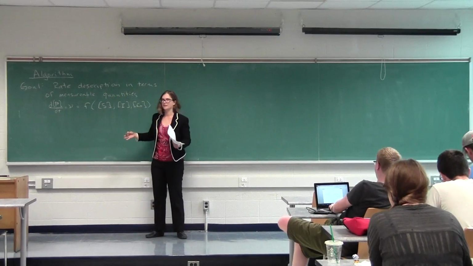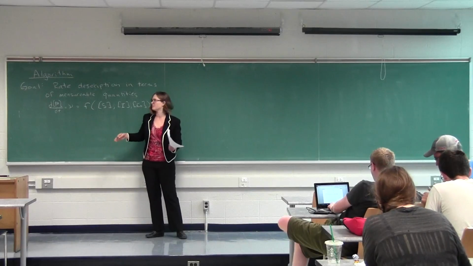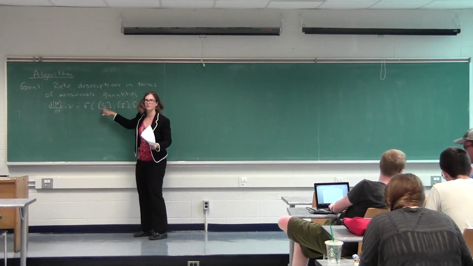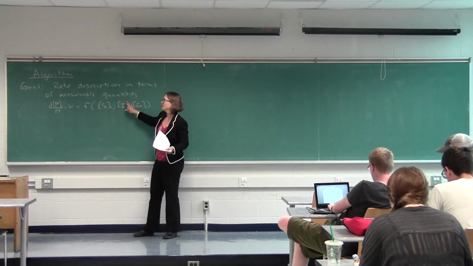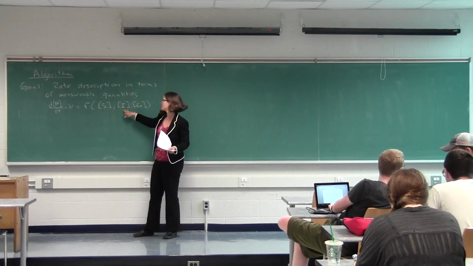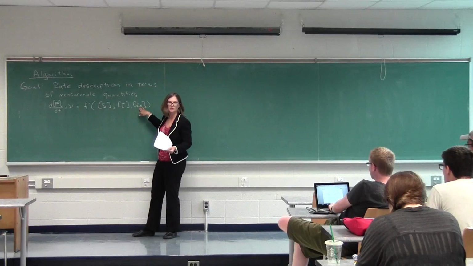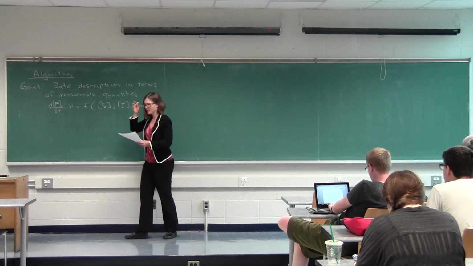So what we're trying to do is come up with some sort of rate equation that's a function of measurable things: our substrate concentration, if it's there, inhibitor concentration, the initial concentration of enzyme.